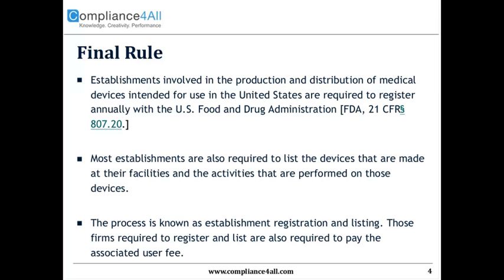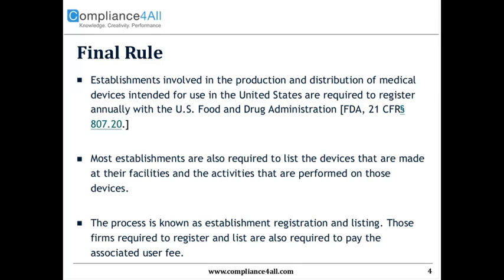The proposed rule back in 2010 did contain 4 types of proposed changes to FDA's registration and listing process as set forth in 21 CFR 807. Today, we will identify and describe what the critical, key, significant changes are related to this final rule.